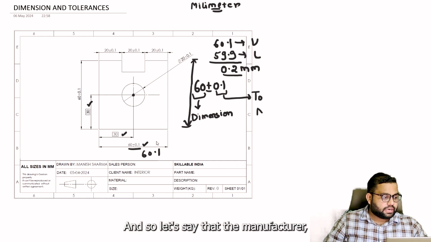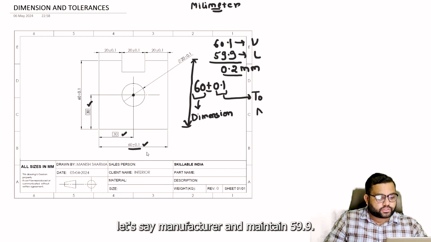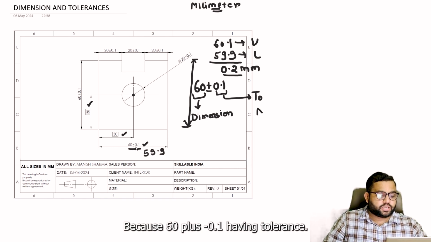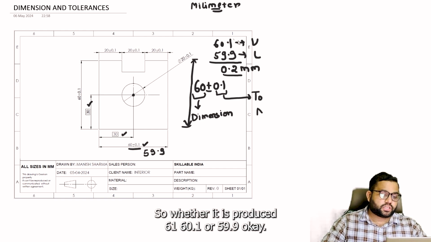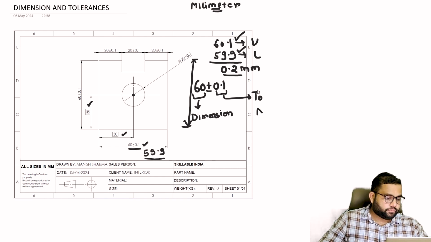Sorry, not 60.1, let's say the manufacturer maintained 59.9 mm in this case, because 60 plus minus 0.1 has tolerance, so whether it is produced at 60.1 or 59.9. So the manufacturer maintained this dimension at 59.9.